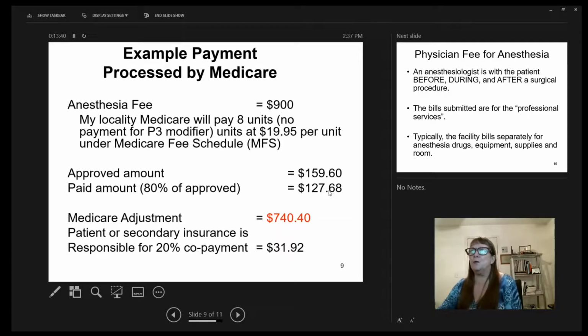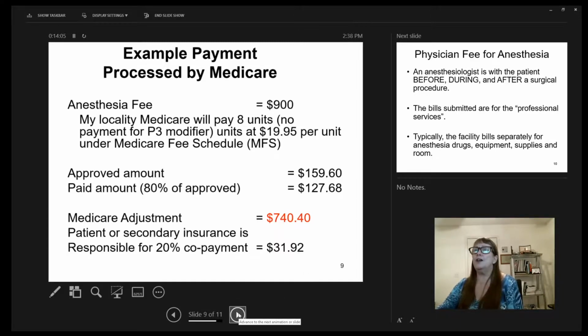But for these purposes, I'm just giving you straight up, easy. Here we have to adjust almost the entire bill, $740.40, and then the patient or their copay is responsible for the difference between what Medicare paid, which was the $127.68, and what they allowed, which was the $159.60.